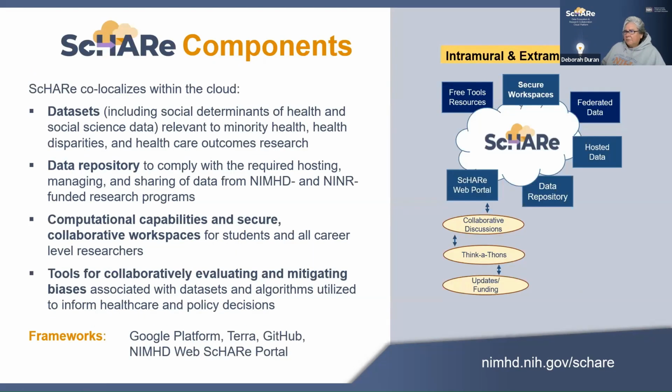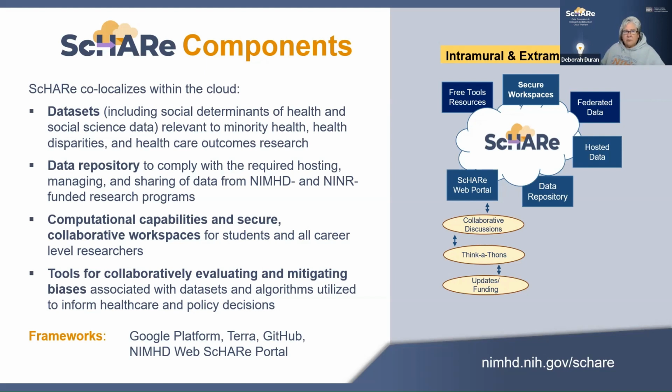ScHARe has several components to it. It has data sets. It is many of our data sets, and it's the only cloud at NIH that has applied social science, behavioral, environmental, social determinants of health data sets. It is our focus. Some of the other programs, like All of Us, have a survey of social determinants of health, but we are focused on those particular data sets.